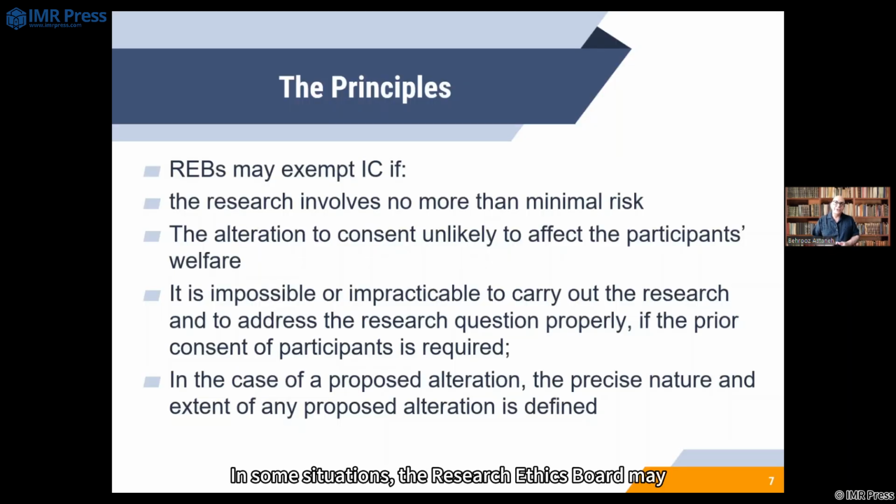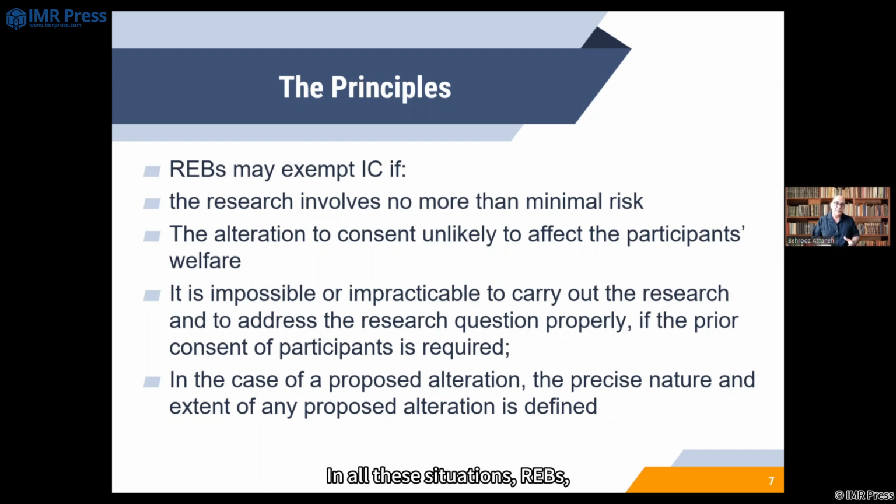In some situations, the research ethics board may exempt informed consent. For example, if the research involves no more than minimal risk, if the alteration to the informed consent process is unlikely to affect the participants' welfare, or sometimes it is impossible or impracticable to conduct the research and to address the research question properly if the prior consent of participants is required.